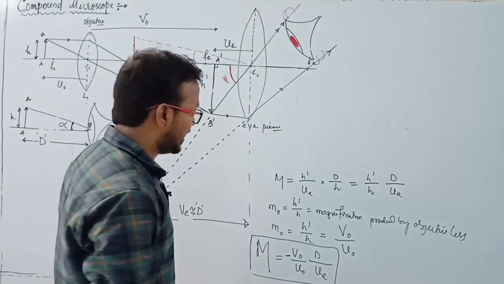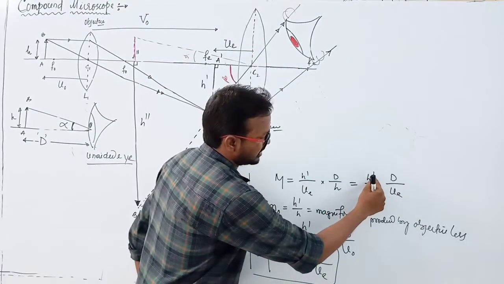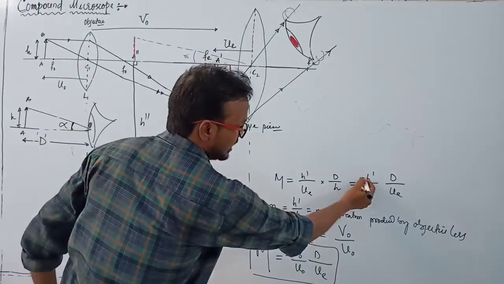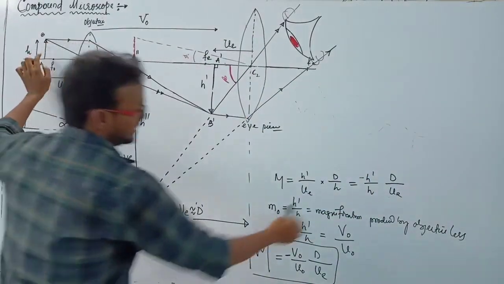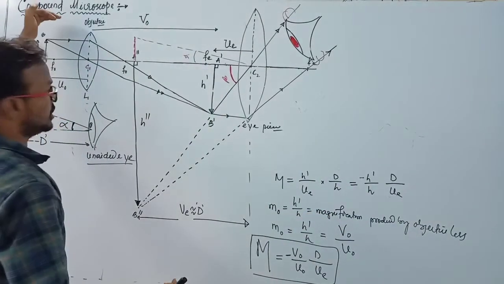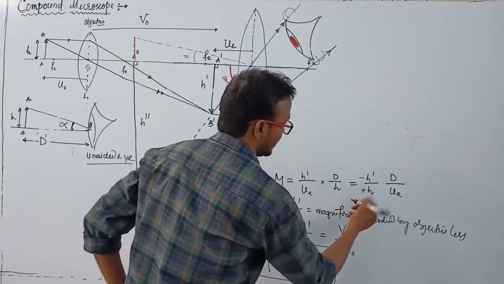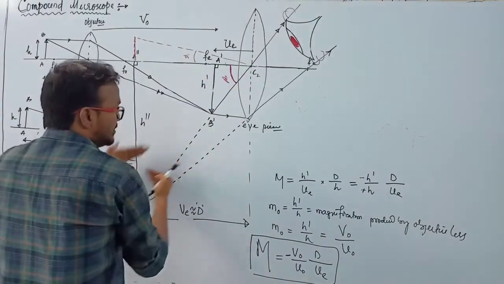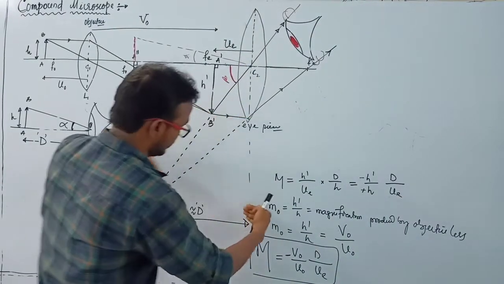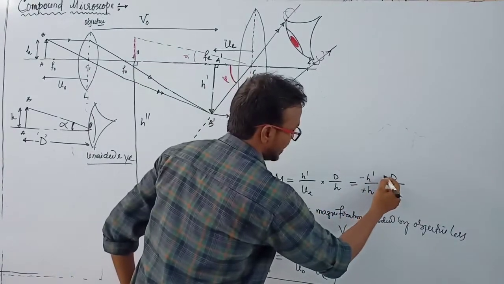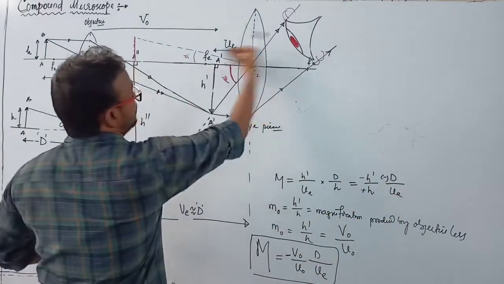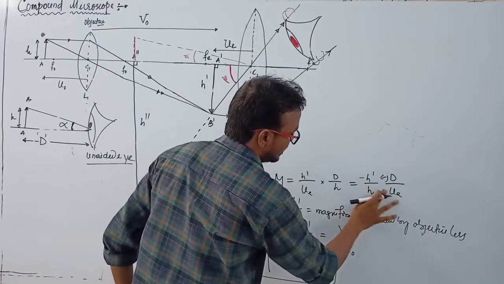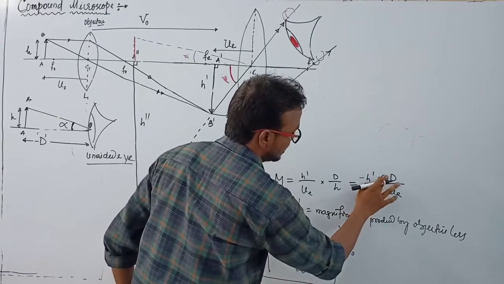Clear? Okay. Now you can also take the sign convention from here. H dash is downward and this is a negative sign, and h is upward and this is a positive sign, and distance is always measured from the optical center. So this is negative because the initial ray travels in this direction. So the object distance here has a negative sign, and ue also has a negative sign. So the negatives cancel, and only one negative quantity remains. Clear?